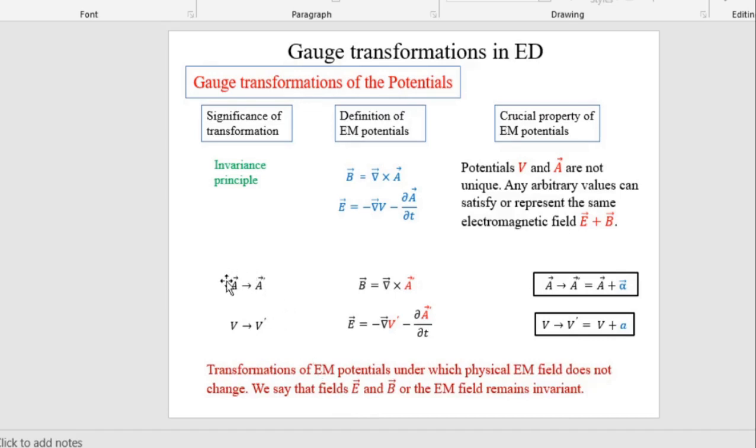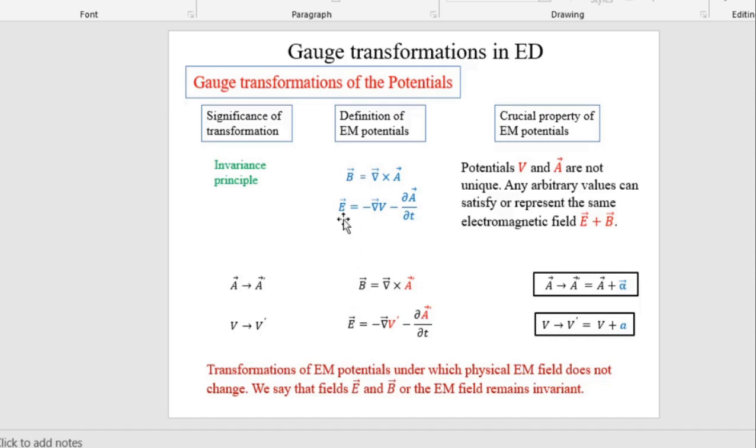Now the most significant point regarding these gauge transformations is that under these gauge transformations the physical electromagnetic field is not changing, as can be seen from this set of equations.